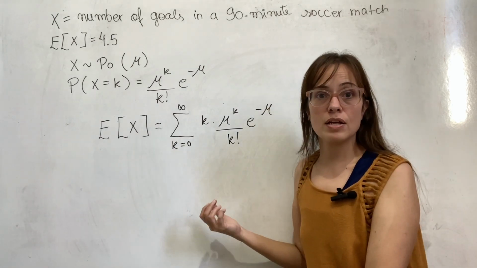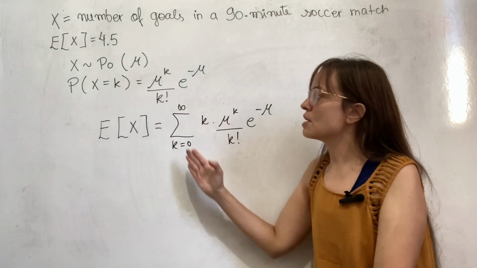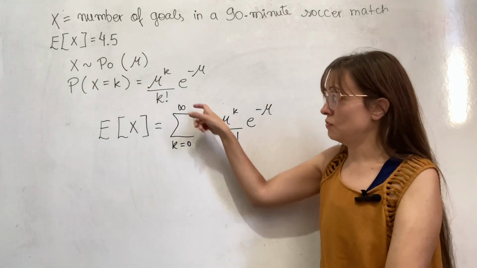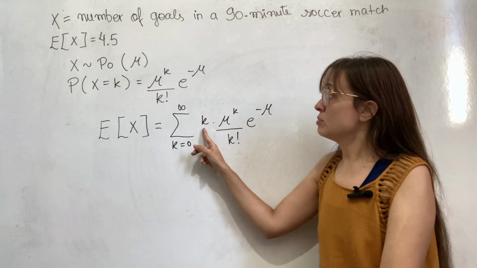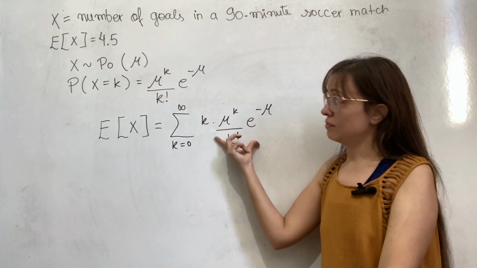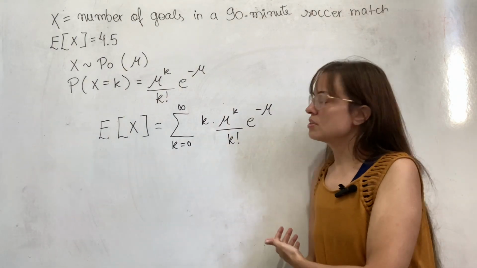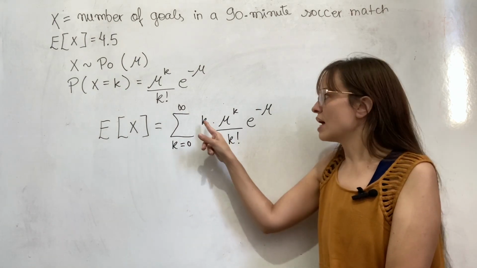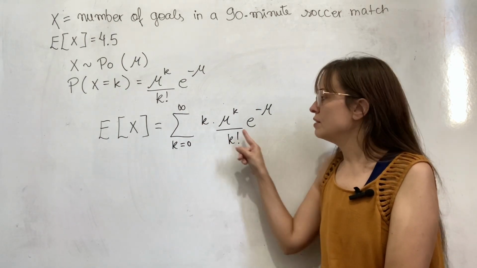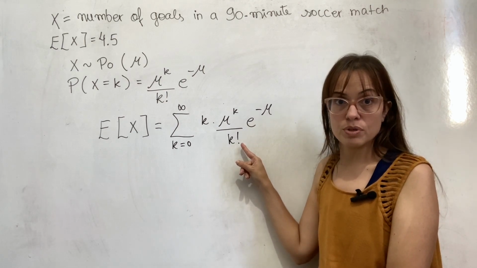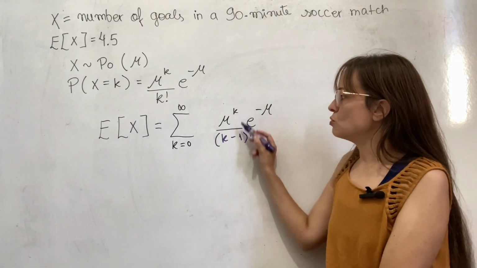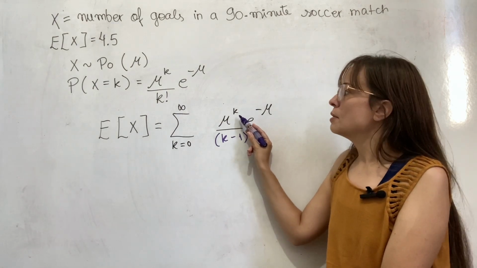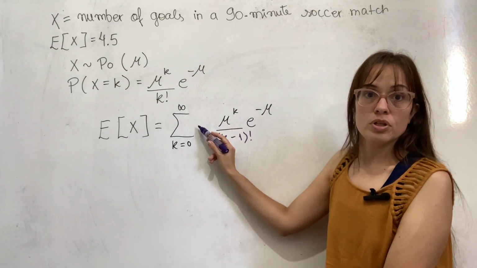So the expected value of the random variable is the sum over all possible values of the variable, which in this case goes from 0 to infinity, of the value times the probability of that value happening. So the first thing I see here is that there is a k and a k factorial, so that k can cancel out, leaving a k minus 1 factorial down here. Then in order to make these two numbers match again, I'm going to make this one into a k minus 1 by taking one of the mu's and putting it out here.